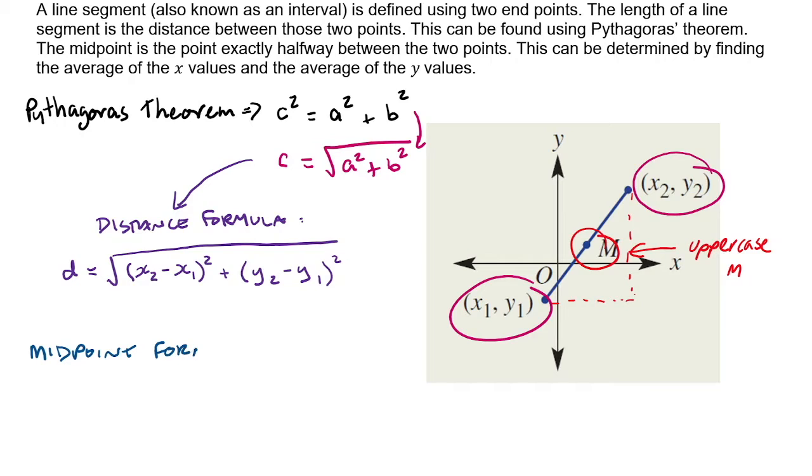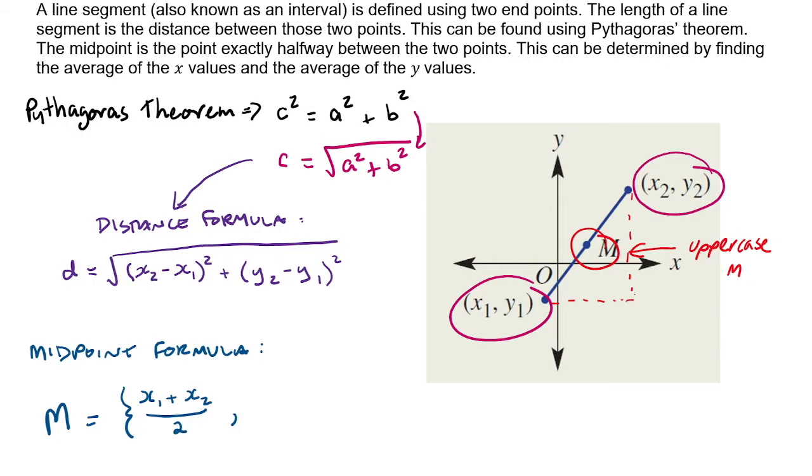So our midpoint then has this as a formula. Capital M or uppercase M equals, I'm going to keep this in some big brackets, x, or the first x, plus the second x divided by 2, because we're finding an average. If you remember back to data, when you're finding an average, you add the things up, divide by how many is there.